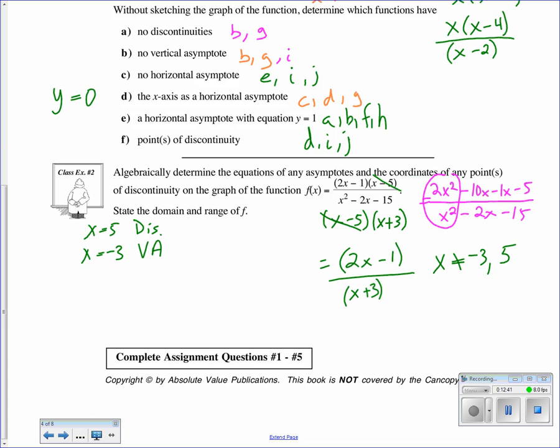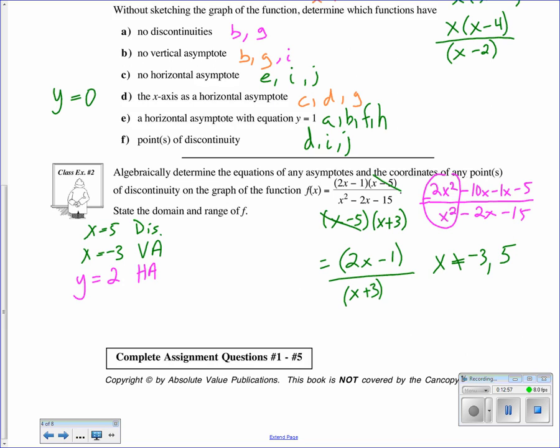I see that my degrees are identical. My horizontal asymptote will come out as being the coefficients of that degree. Y equals 2 is my horizontal asymptote.